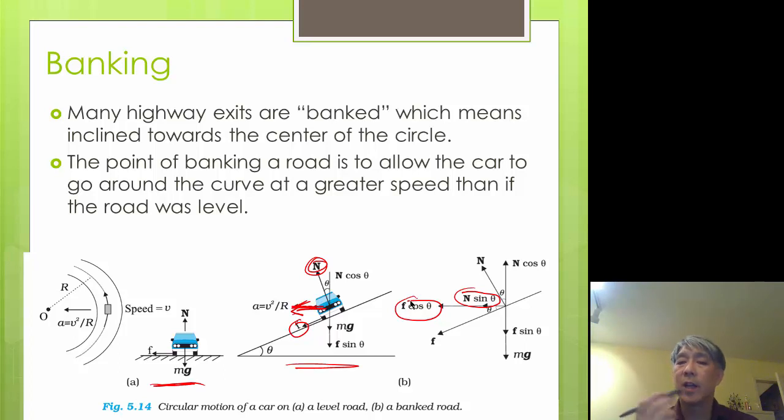And because I have those two components, in particular N sine theta can be significant, I can make that turn at a higher speed than if it was just friction, because my v squared over r can now be bigger than it was without banking.